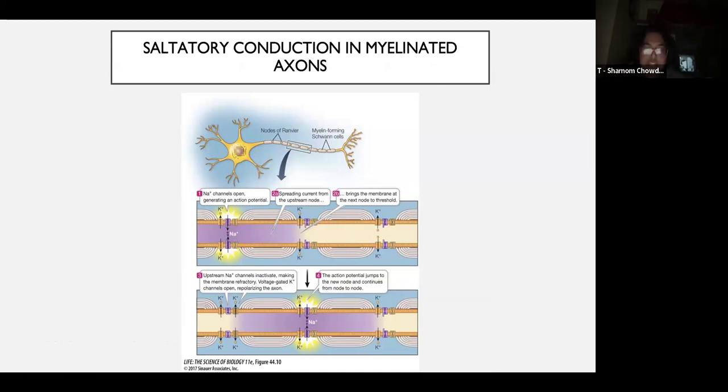So it reaches the action potential and the process continues on and on. That's why we say it jumps from node to node. This node already has the action potential. The myelinated cells spread the current so that the other node is already essentially prepared. So it reaches threshold, it's prepared for the action potential to occur once the sodium ions travel down.